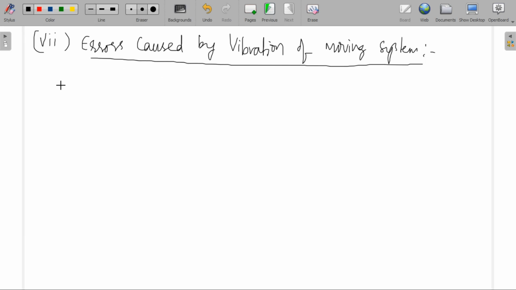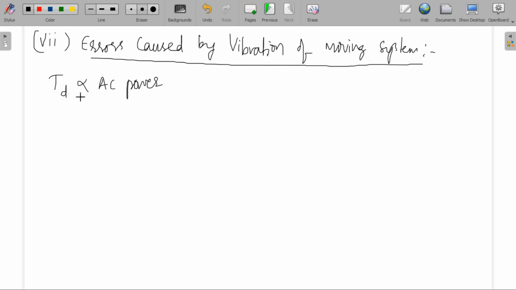We know that torque is directly proportional to AC power. This means the torque on the moving system varies cyclically with a frequency which is twice that of the voltage.